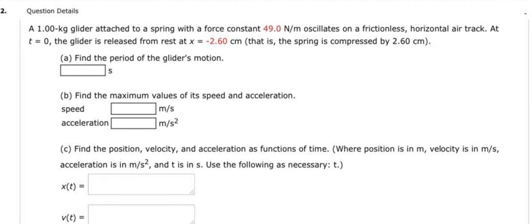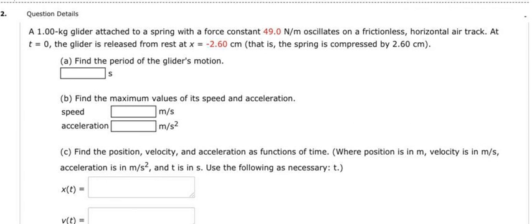Now let's go to question number 2. In question number 2, we have the formula to find the period of the spring. The formula should be capital T equal to 2π multiplied by the square root of m divided by k.